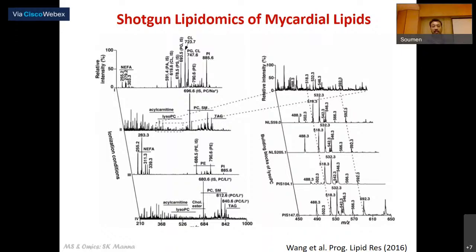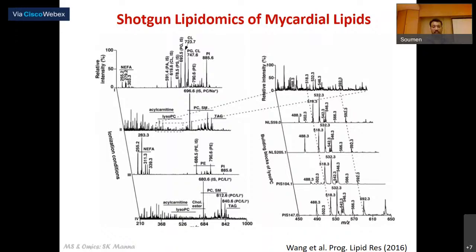So your mass spec scanning cycle, the whole selection of mass, fragmentation, analysis, and scanning through the whole mass region, has to be very fast.